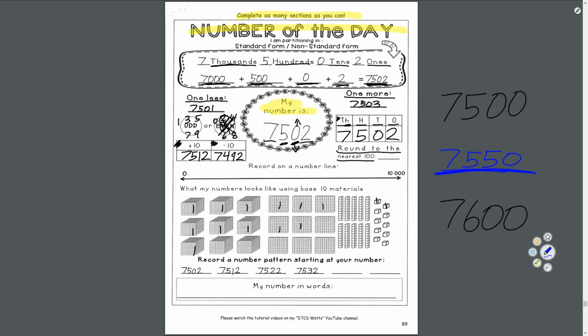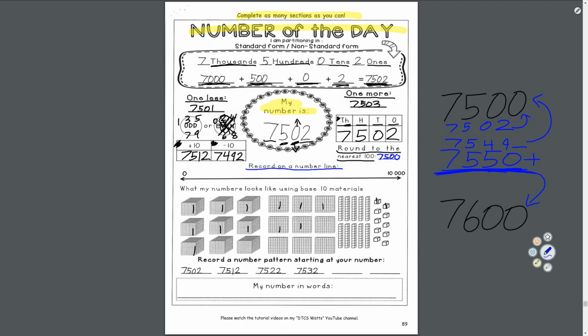And if your number is this number or bigger, you will round up to the next hundred. But if your number is 7,549 or less, you're going to go down to 7,500. And what's our number? 7,502. So we know it's less than. So we're going to go down to 7,500.